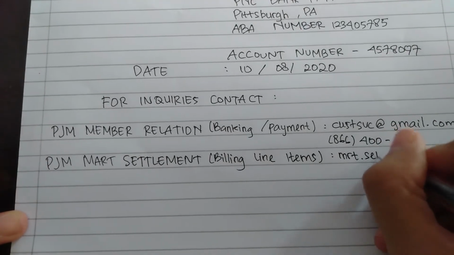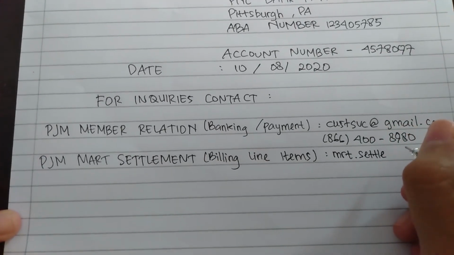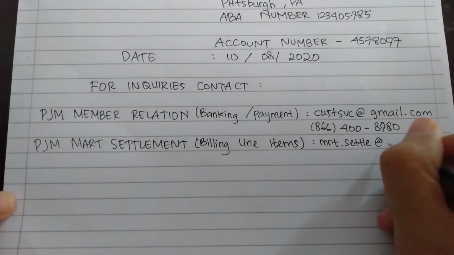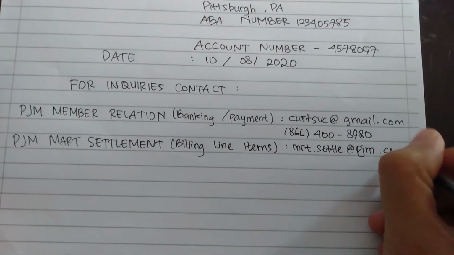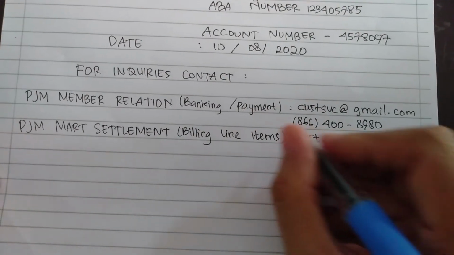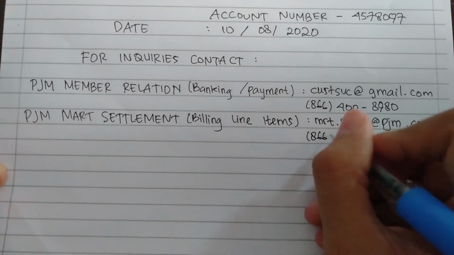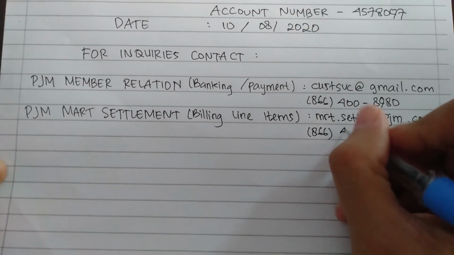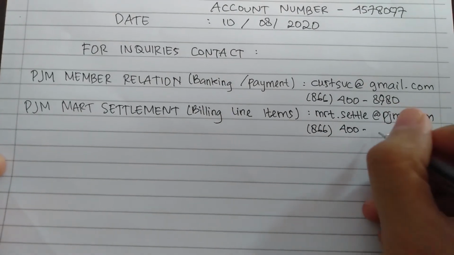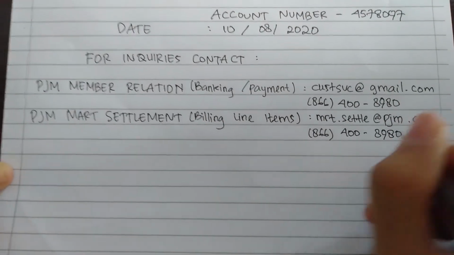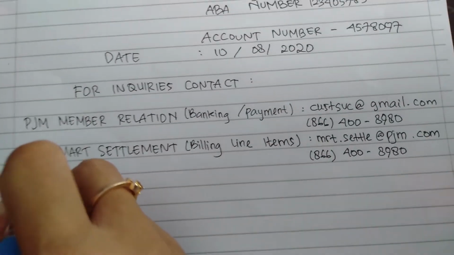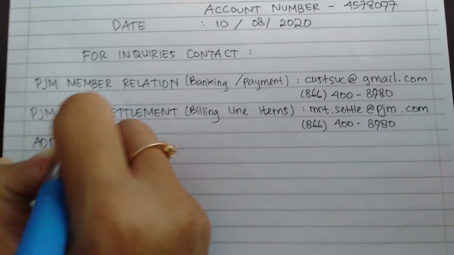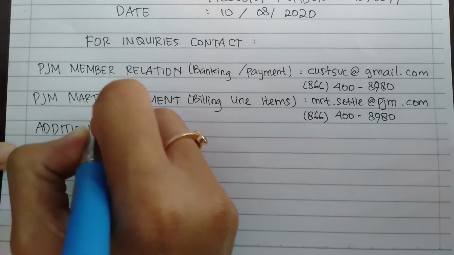Alright. And the phone number also. So this is the company's official email address and phone number. You should not mention your personal email. So you must understand this one.